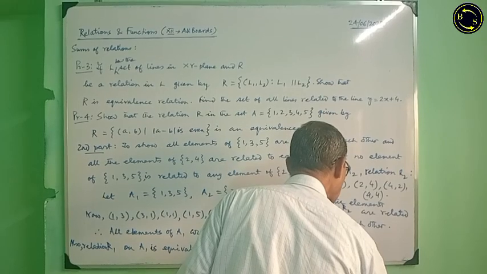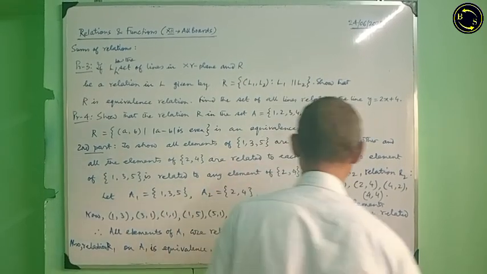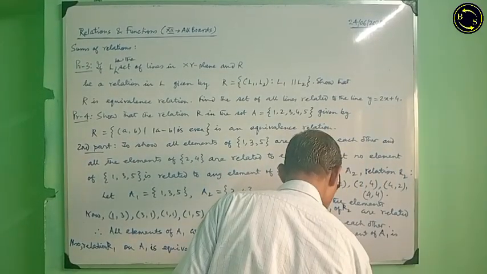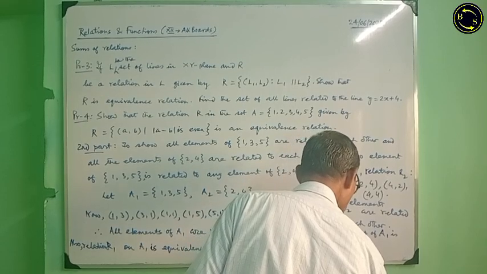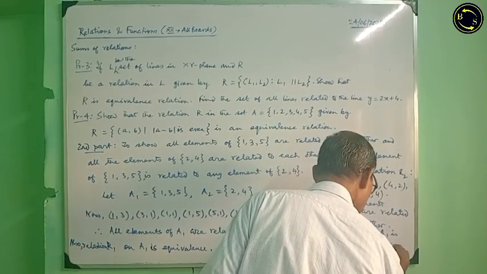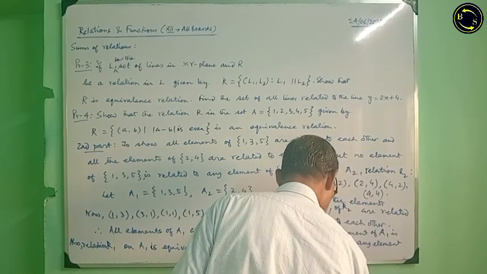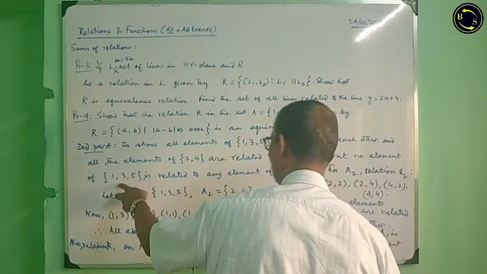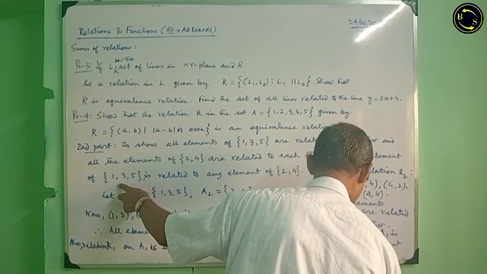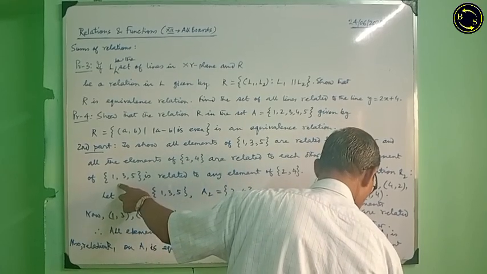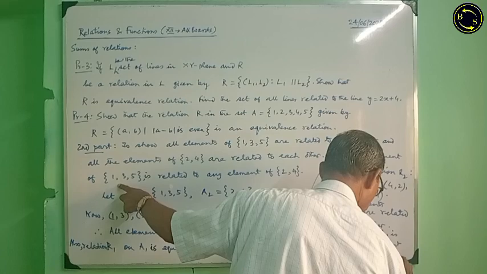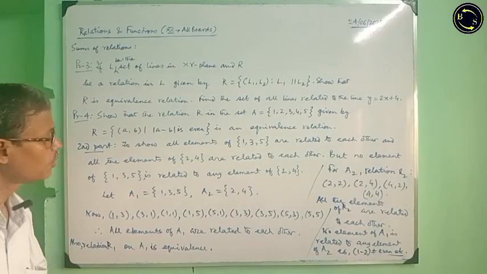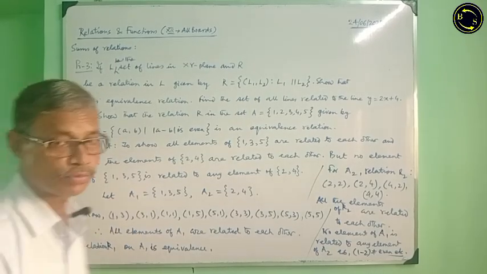No element of A1 is related to any element of A2 as 1 minus 2 is not even. Therefore, we have solved this sum number 4.